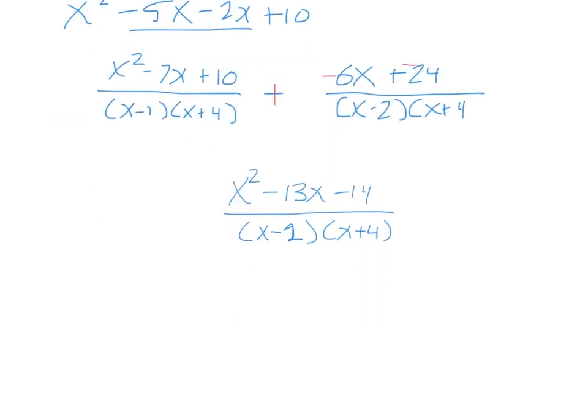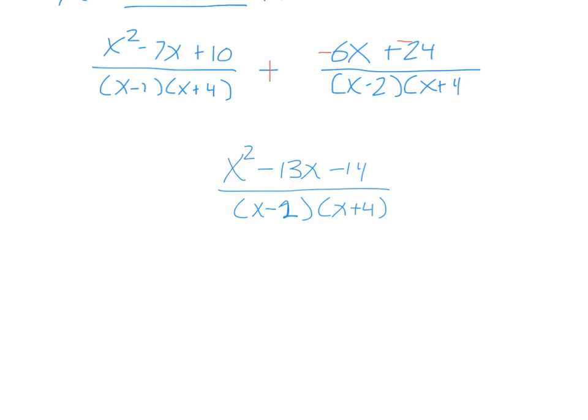Okay, now I need to factor and cancel if possible. So I can factor the numerator. It would be x minus 14, x plus 1. Two numbers that multiply to be negative 14 that add up to be negative 13. And then that's over x minus 2, x plus 4.